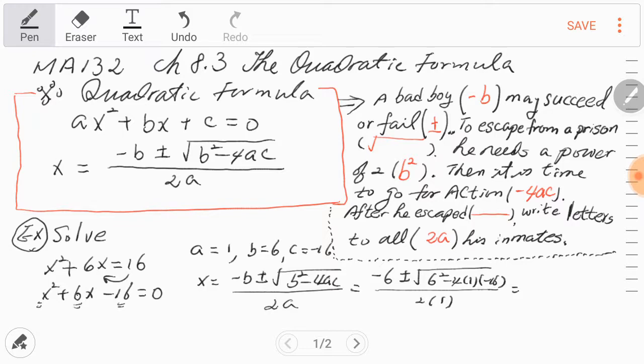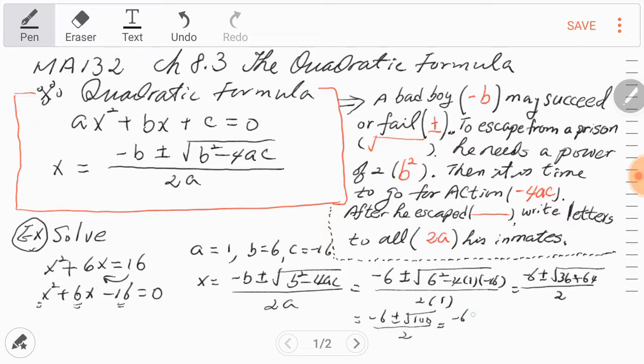Alright, a little calculation. So negative 6 plus or minus the square root of 36 plus, negative times negative is plus, 4 times 16 is 64, over 2. Then negative 6 plus or minus the square root of 36 plus 64, which is 100, over 2.